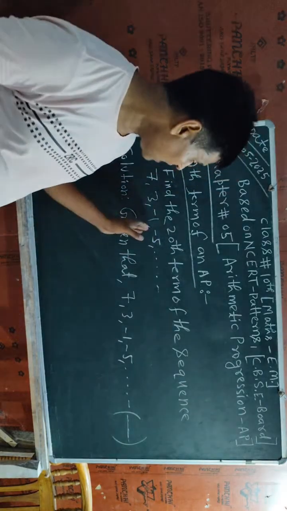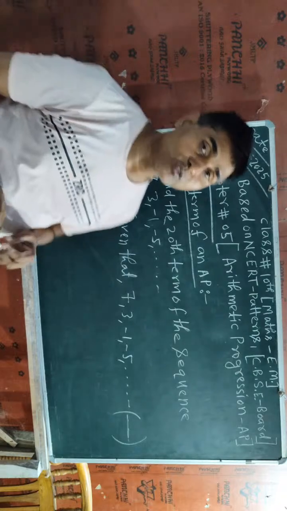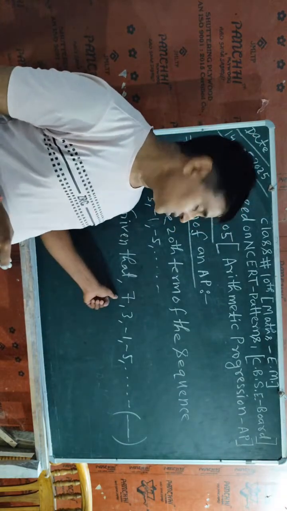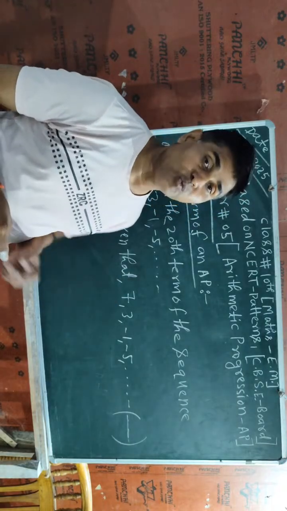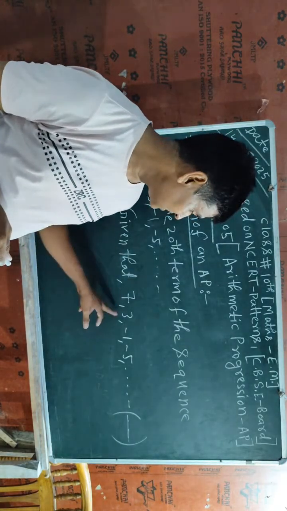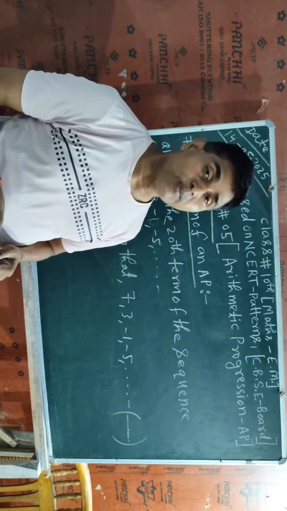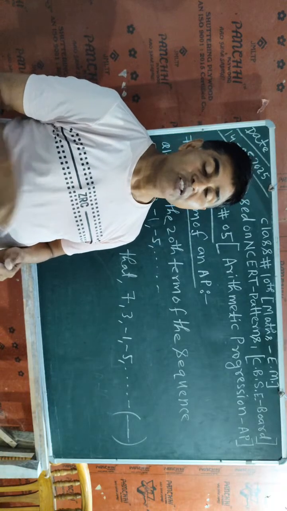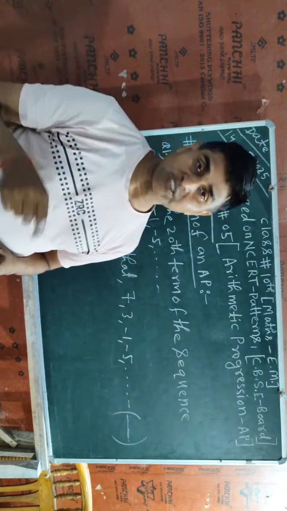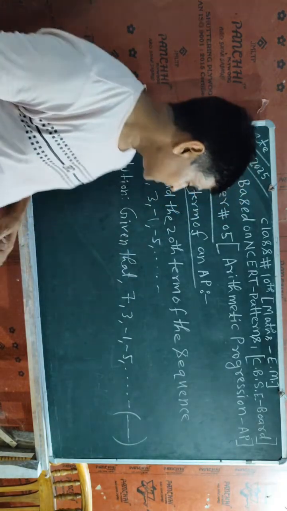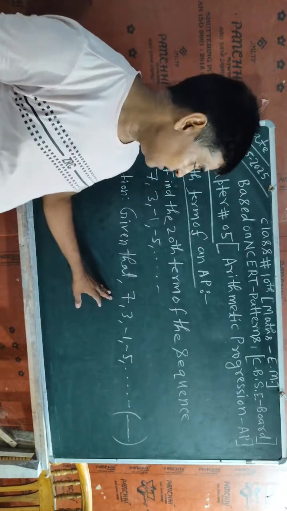Now we also have to take the first term, which is 7, as the value of a, and then find the common difference. The common difference is obtained by subtracting the first term from the second term, and that value will be the common difference.